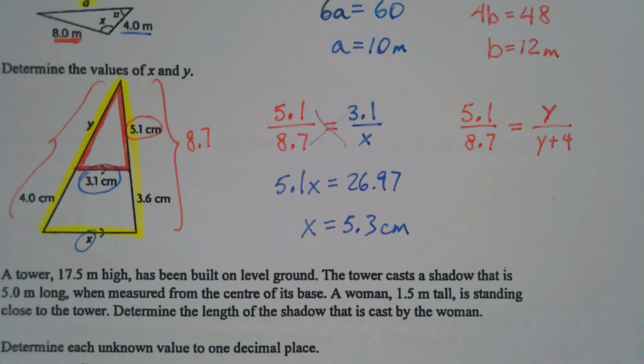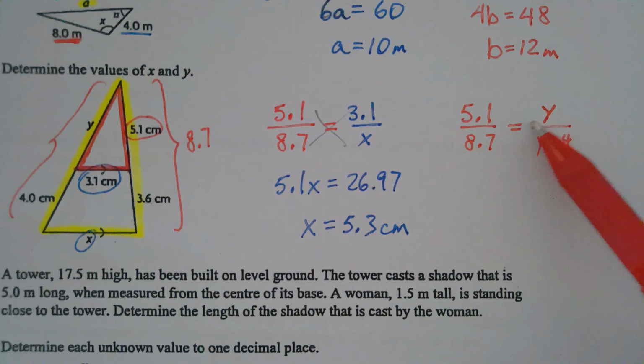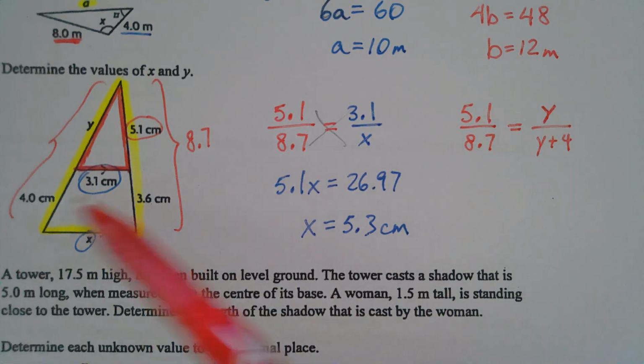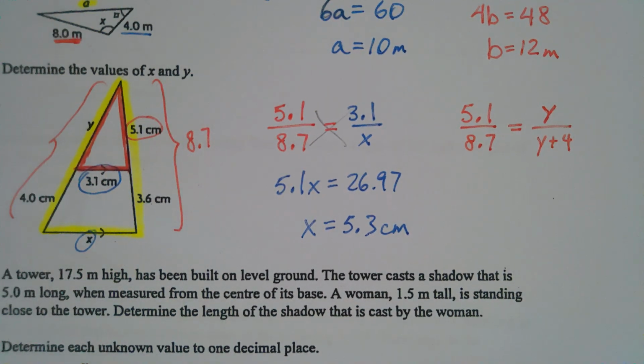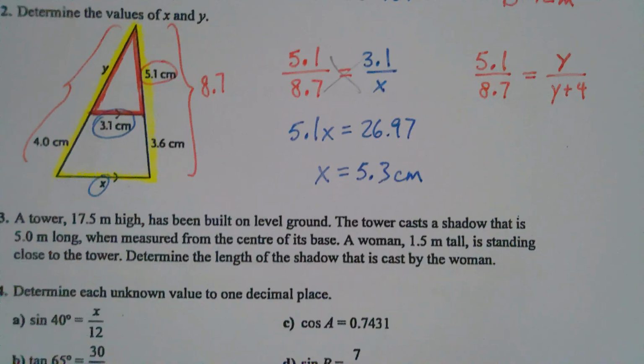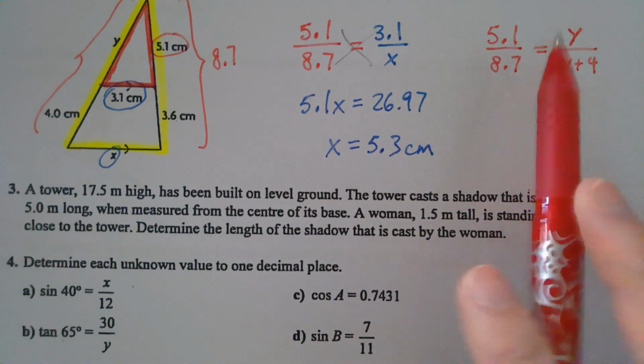No. We just do 4 divided by 4.6 times 5.3. For this one? No, because the 4 doesn't work. Can you do Pythagorean? Good. Okay, so that's how you set up this one.